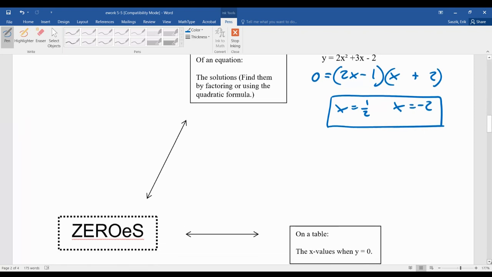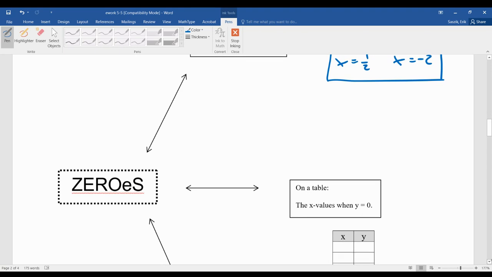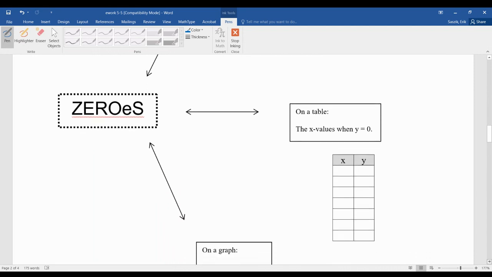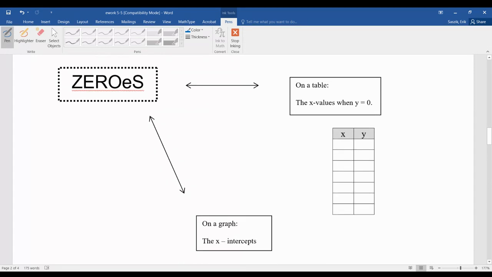Now, on a table, I'm going to give you some values here in a second. Remember, just the zeros, I mentioned this before, but that's the same as solutions or x-intercepts.